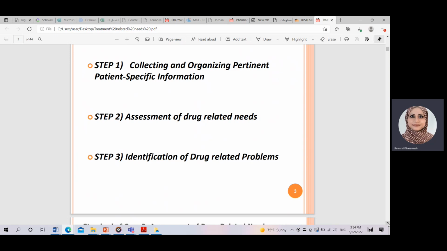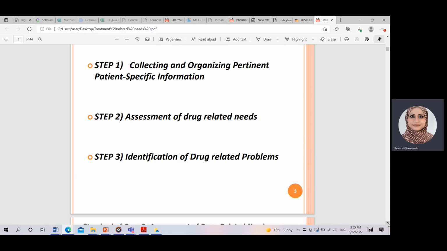So in the first step, what kind of information do we need to collect to know and to identify the drug-related needs? Such information that must be collected in the first step include data that can be related to the chief complaint of the patient, the history of presenting illness, past medical history, past surgical history, social history, demographics of the patients.